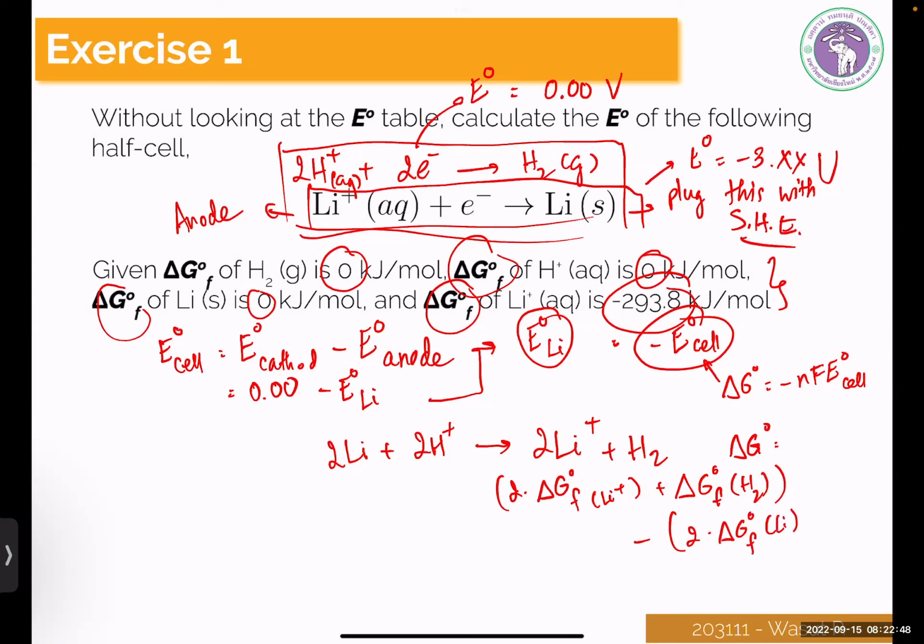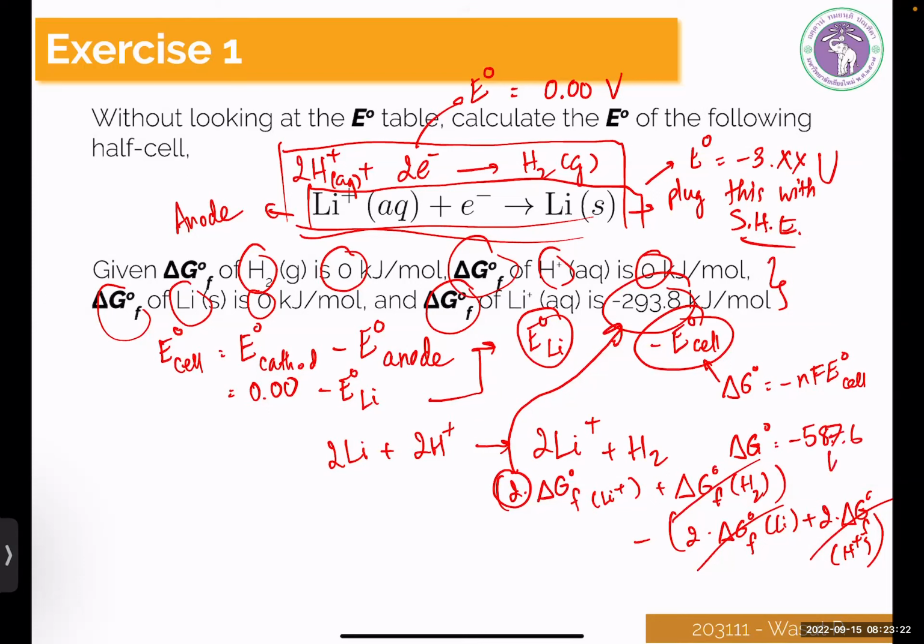You can see here that delta G naught f for H2, Li, and H plus are all 0. So basically, my delta G naught will be just 2 times minus 293.8, which is minus 587.6 kilojoules per mole.